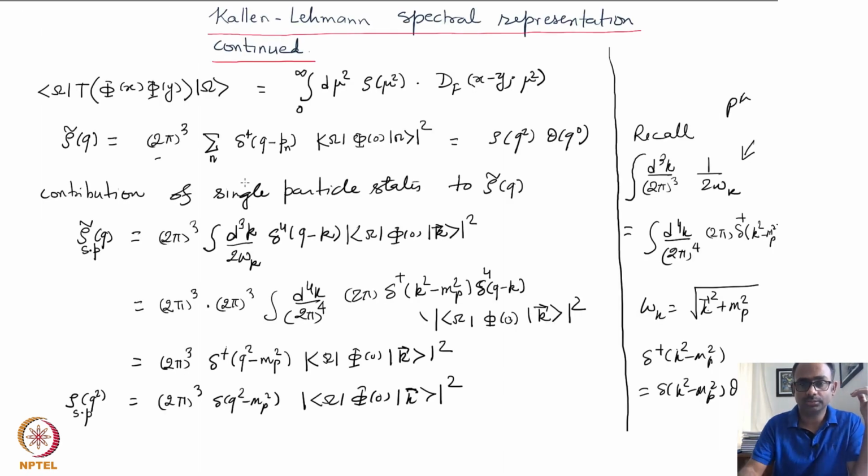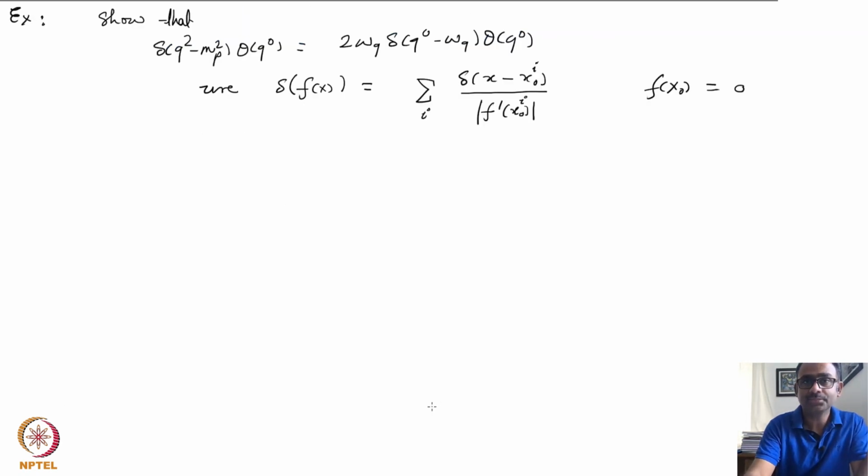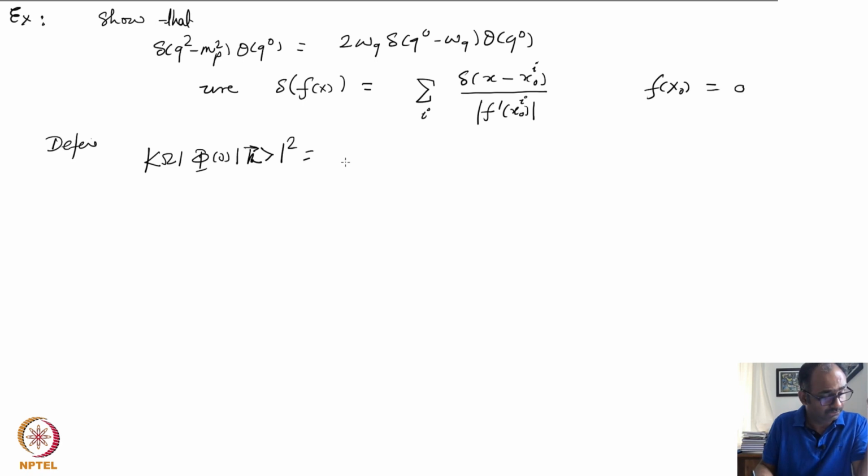What did I write? Now this quantity rho phi naught k coming from single particle states, I will define it to be n over 2 pi cube, where n is a constant.